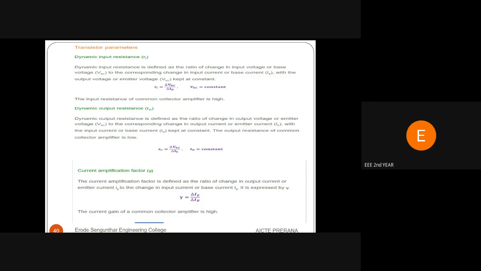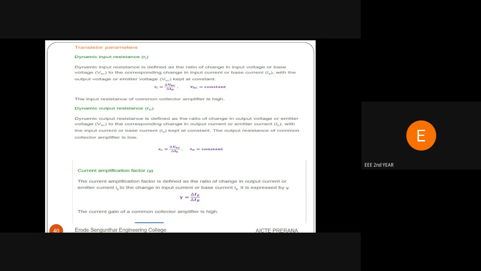The input resistance is defined as the ratio of change in input voltage to change in input current at constant output voltage. Here the input voltage is base collector voltage, input current is base current. So input resistance Ri equal to delta VBC divided by delta IB at constant VCE.